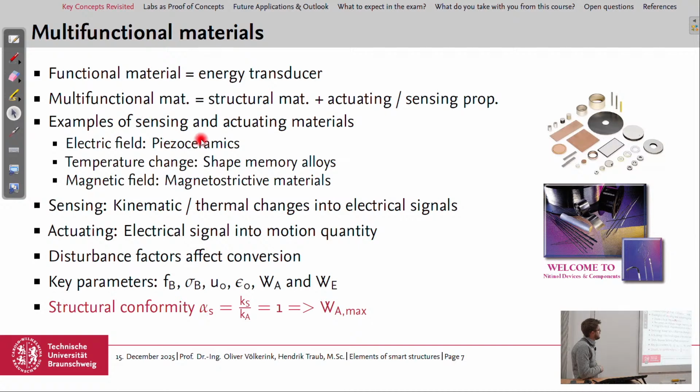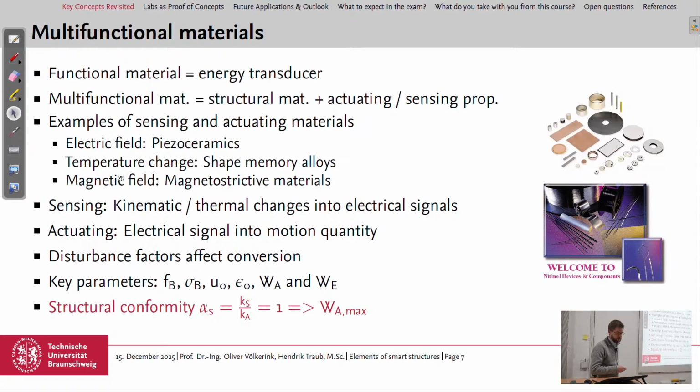Examples of these sensing and actuating materials are piezoceramics, which use electrical fields, shape memory alloys or shape memory polymers, which use a temperature change, or magnetostrictive materials, which use a magnetic field.